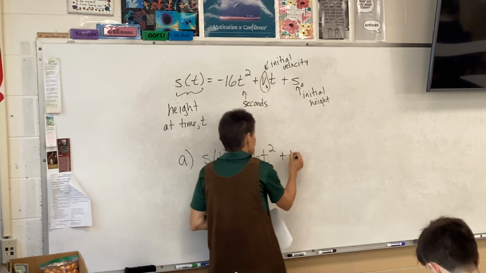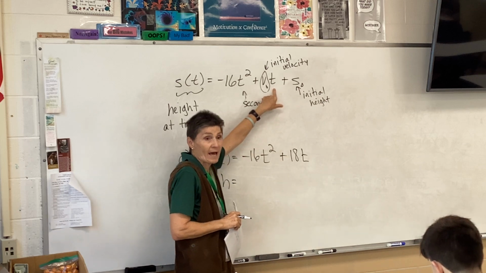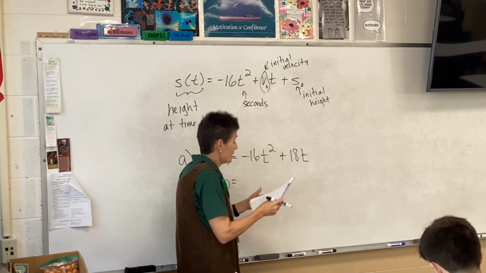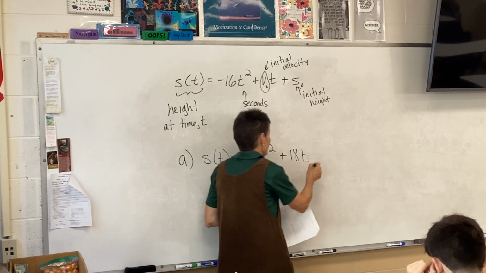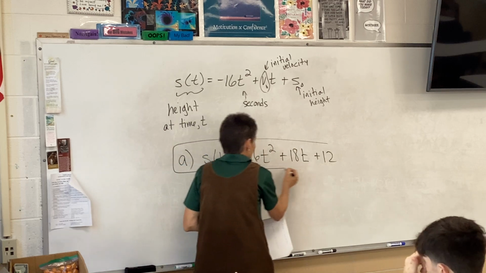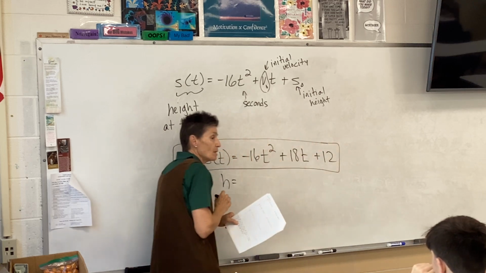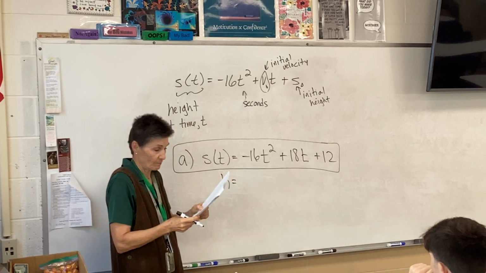Now, next comes, what's our initial velocity? 18, so that's going to be 18t. Please don't forget there is a t hooked to that. And what's our initial height? 12. So here is our equation that we are going to use for all of our problems in number 3.